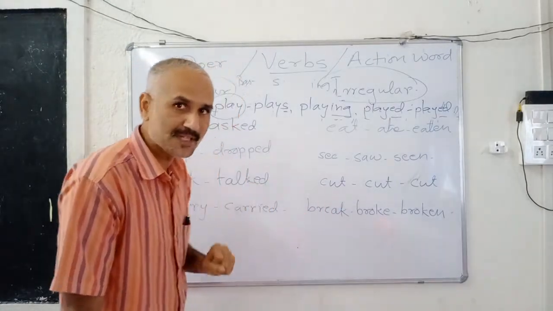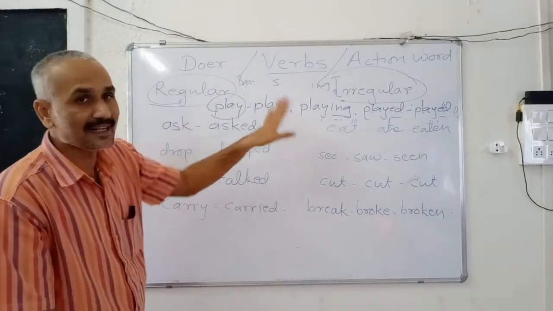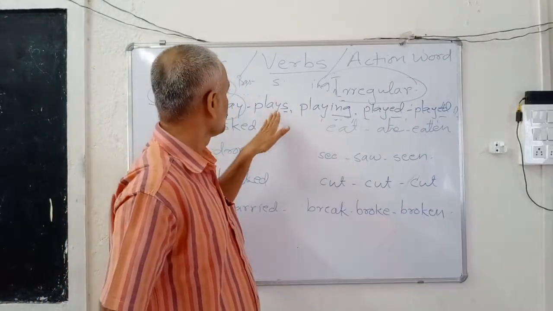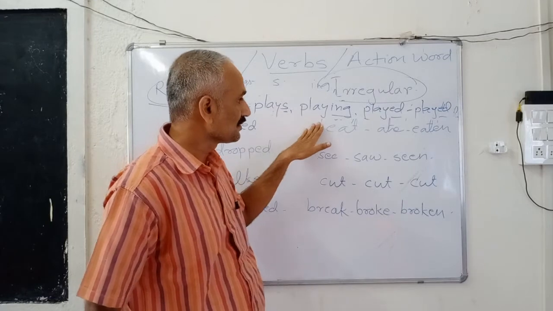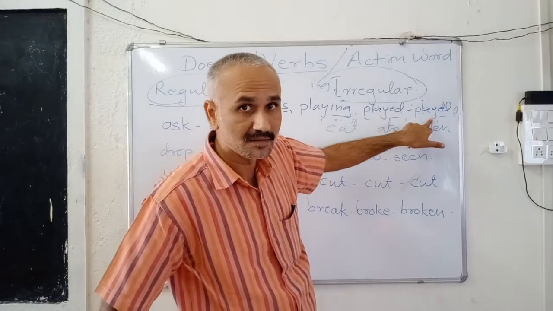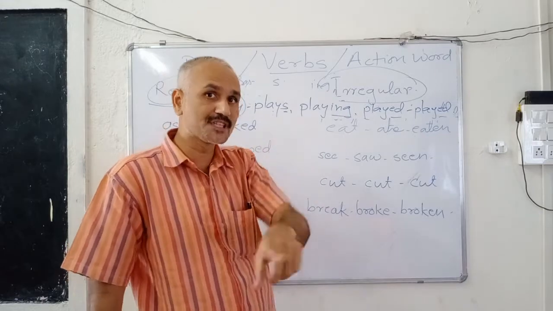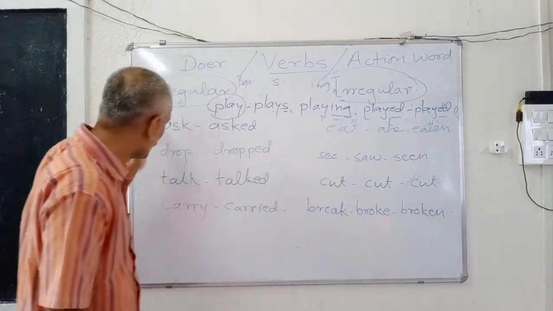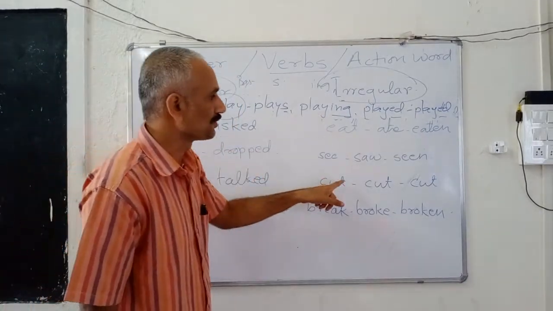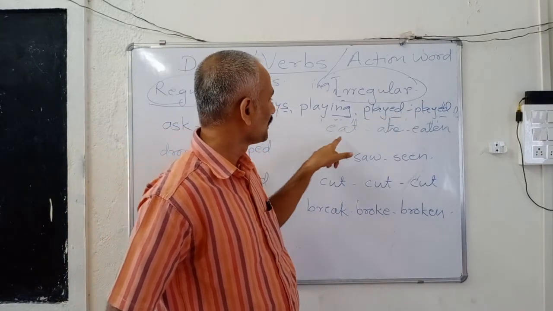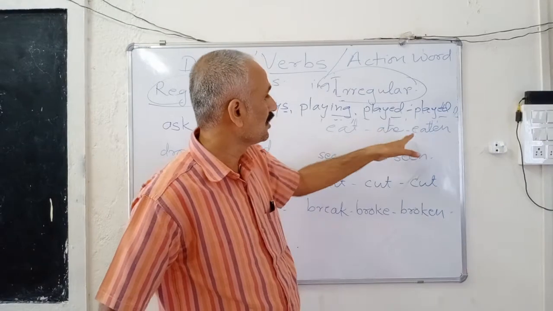Now let me explain the irregular verb. Eat, eats, eating, ate, eaten. Here the same pattern which we observed in the case of the other verbs will not be observed, because here we cannot add ed, as in eated.